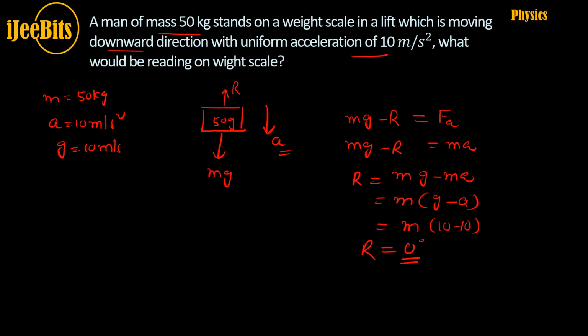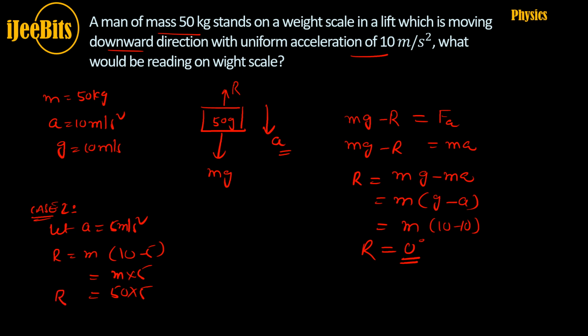Let's say, if your acceleration changes, instead of 10, let's say 5. Take case 2 of the problem statement, where a equal to 5 meters per second square. Then the R value would be m into 10 minus 5, which is nothing but m into 5. If m is 50, 50 into 5 is what you get, right? Ultimately, the reading value that comes on the weight scale would be divided by your g value.